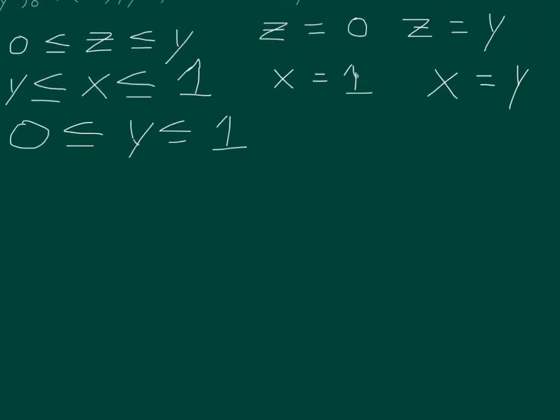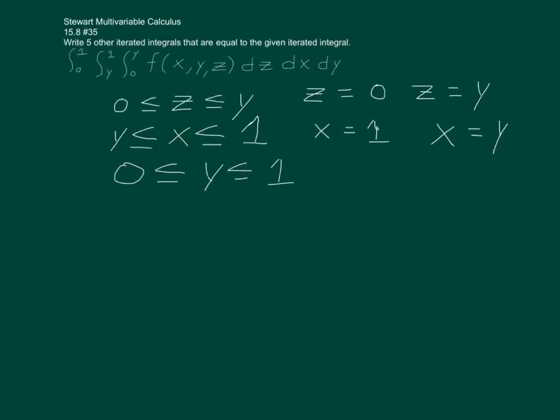We're actually finding the bounds of each variable. Because as you see here, the z ranges from 0 to y. And so what we're doing is finding the equations of the upper and lower limits, and that will help us to graph it on a particular plane, like for example the ZX plane.